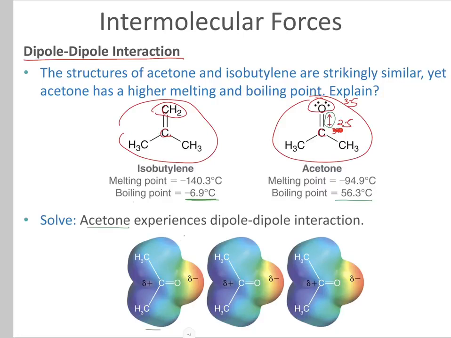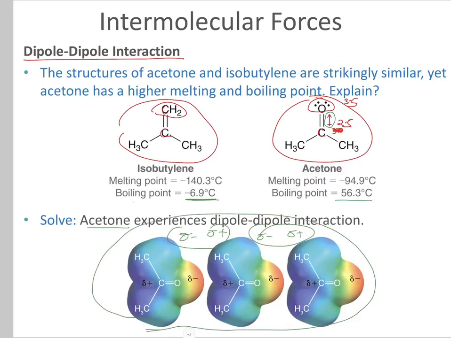So there's this dipole interaction: delta minus, delta plus, delta minus, delta plus. The dipole-dipole interaction creates a strong effect in the alignment, just like in a magnet, and the molecule feels stable that way.